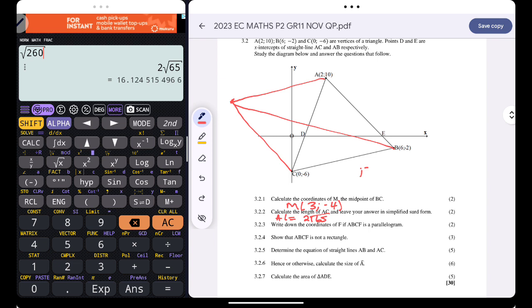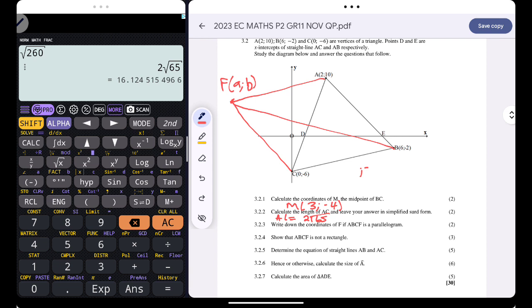So if point F here has coordinates of maybe A and B, if this thing is a parallelogram, which simply means the properties of a parallelogram, number one, opposite sides are parallel and equal, but this question is 3 marks, guys. We must not use something which will take a lot of time.